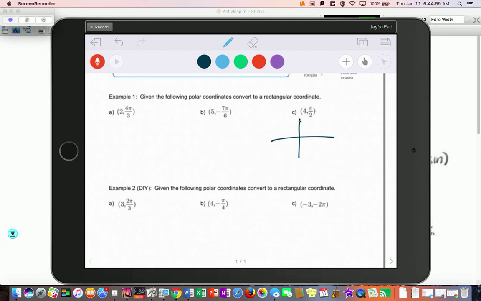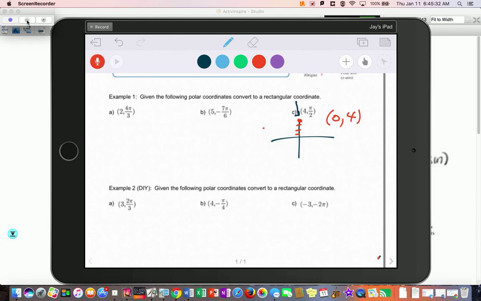If I go to where pi over 2 is, that's at the top of the unit circle, and if we go out 1, 2, 3, 4, my dot lands right on the positive y-axis. And so I already know that my x is 0 and my y is 4. So go ahead and take a look at example 2, the DIY. Try those, and then come back and look at the answer.